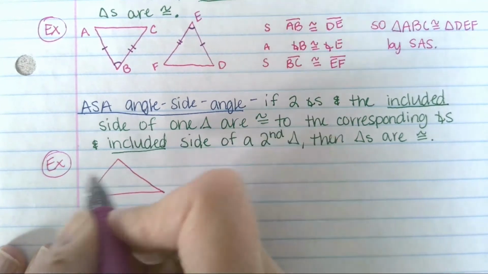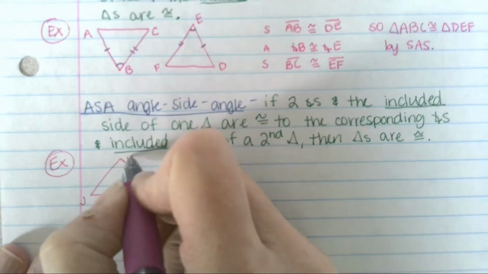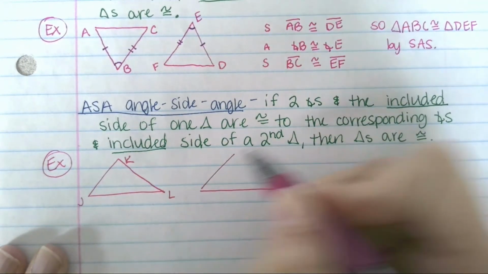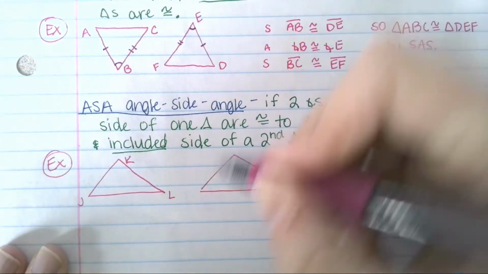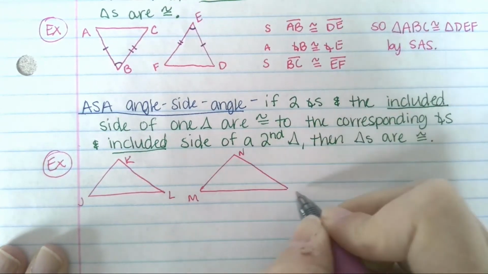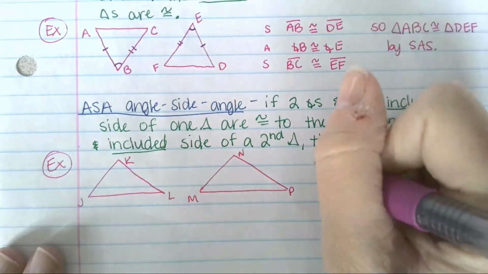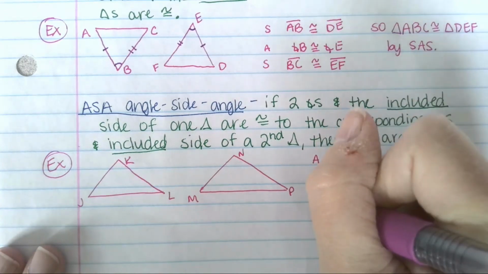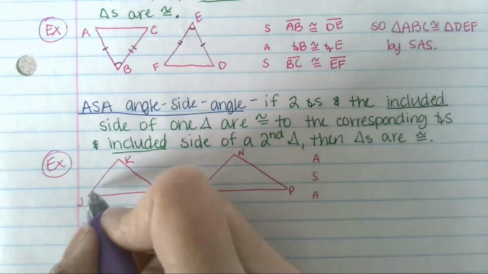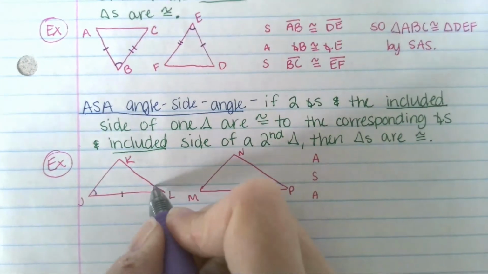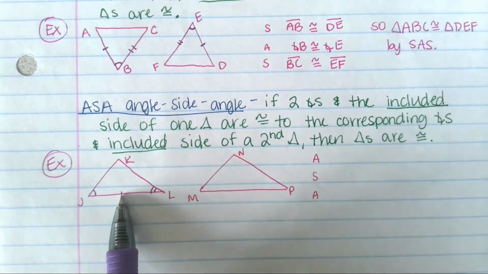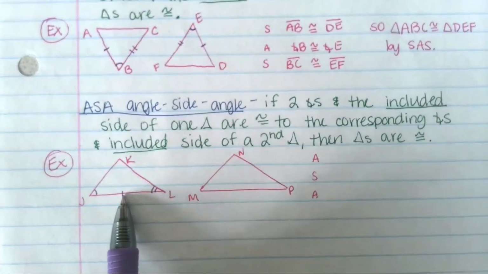We have triangle JKL, and triangle MNP. And then here we know we want angle, side, angle, so I'll write that in. And then let me mark this up for you. So we have angle J and angle L, and the included side is the side that connects those two angles.